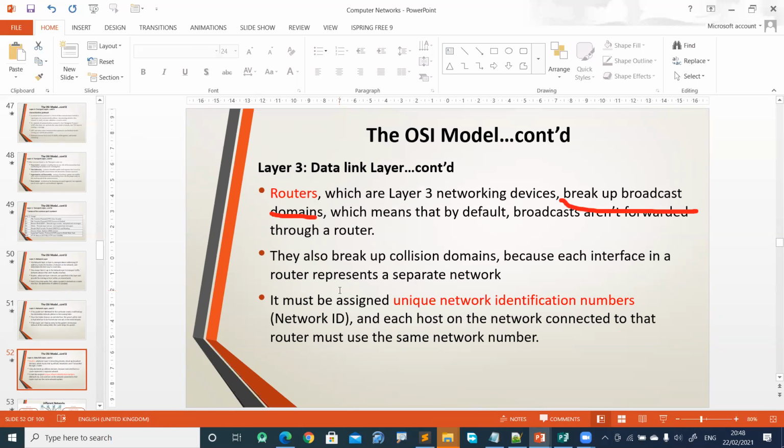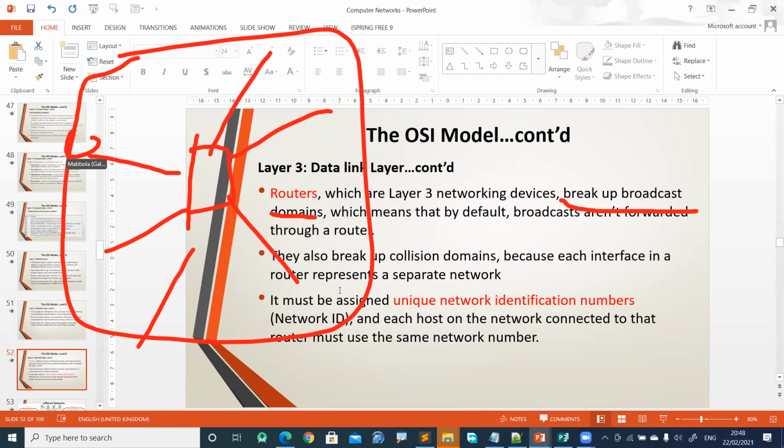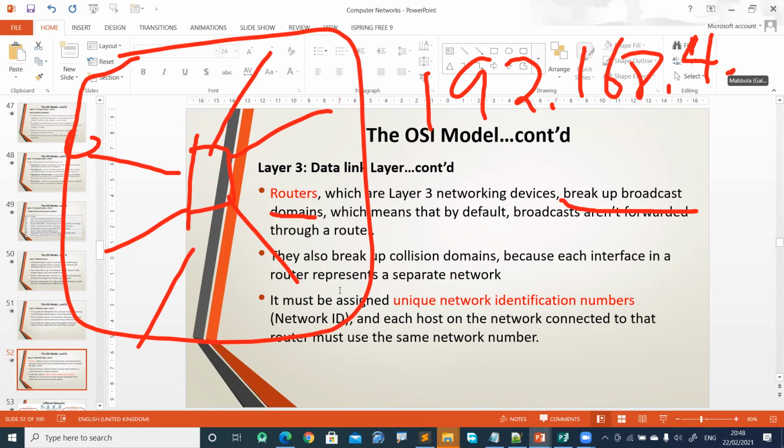Last time I talked about it, that in a local area network there are a lot of computers. All these computers here are in the same broadcast domain, meaning that if this network had 192.168.4.x, okay, instead of x, let me put 0.